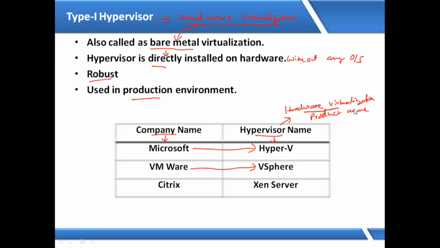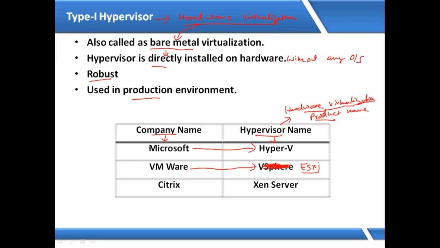The name of that is not vSphere. So what is it called? If you are doing the VMware course in our Zoom, we are telling you about this one: VMware ESXi.